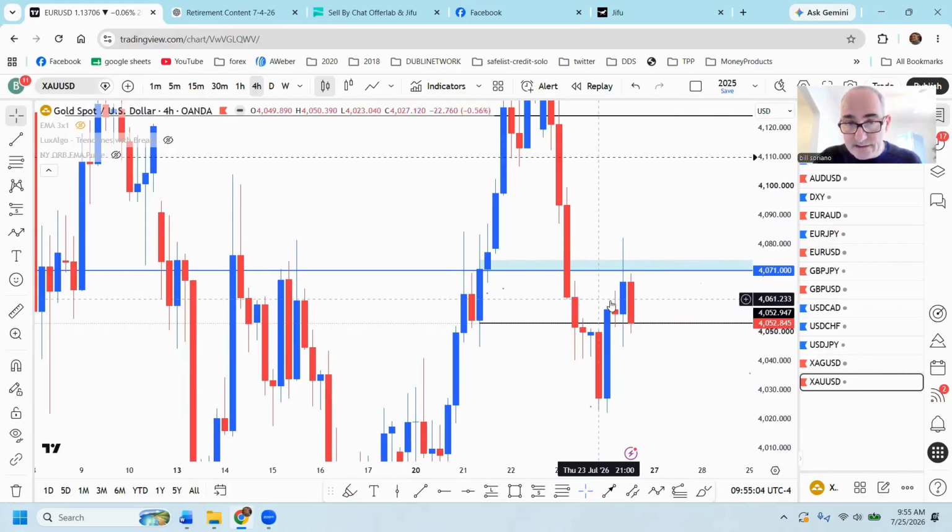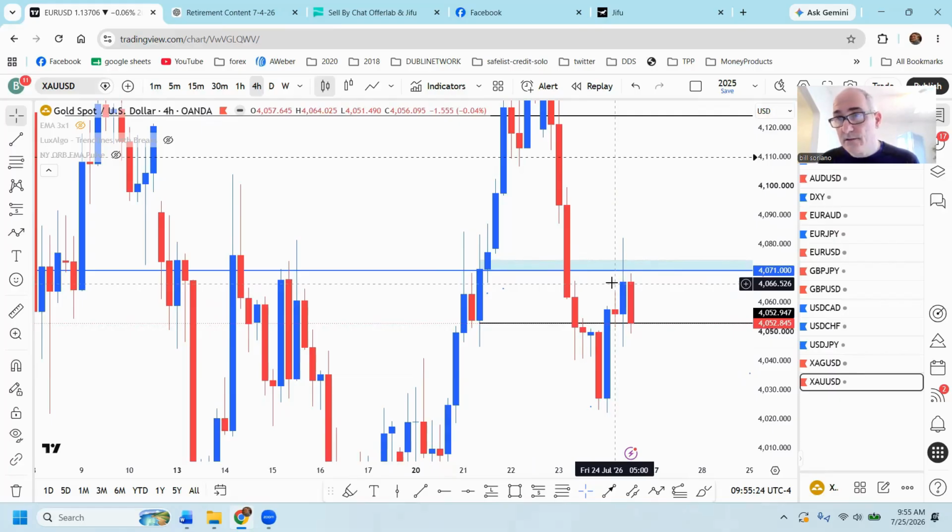So see how price is reacting in the same area. We got our break of structure to the downside. So if we get a clean break of structure above 4067.373, then that could cause us to go right back to bullish.